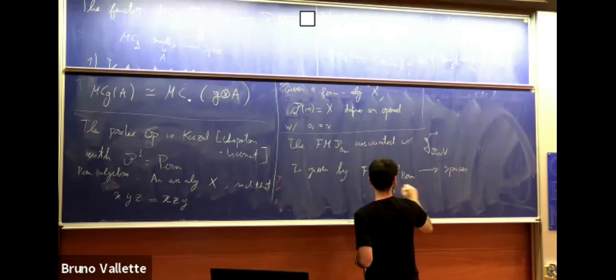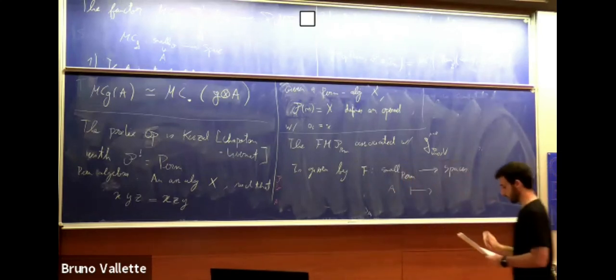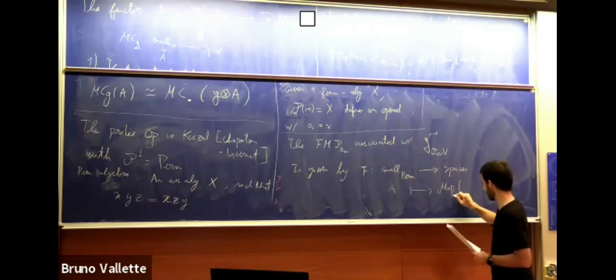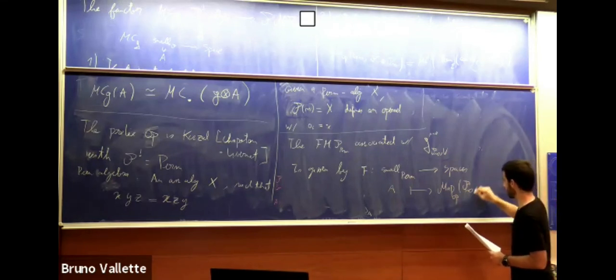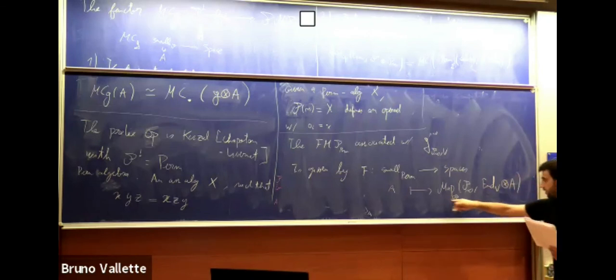It will take an Artinian small permutative algebra A and map it precisely to the mapping space of operads from P infinity into endomorphisms of V tensor A. So it's simplicially enriched, so it's actually Hom tensor this simplicial set.